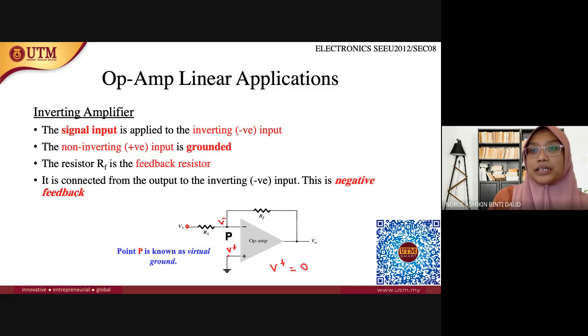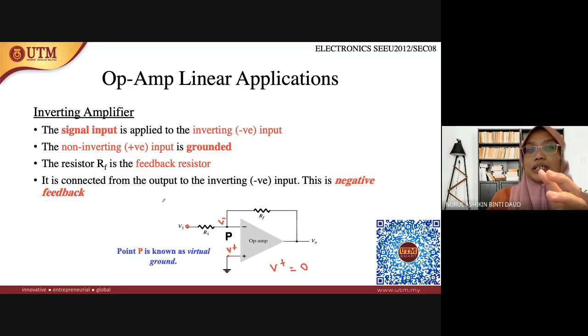For this inverting amplifier, the source of the voltage is only applied to the inverting input of the op amp.